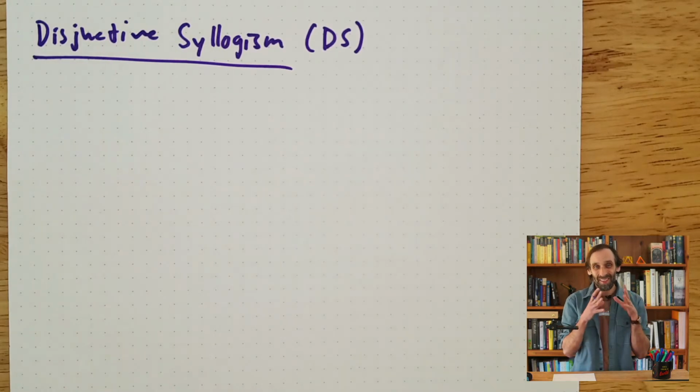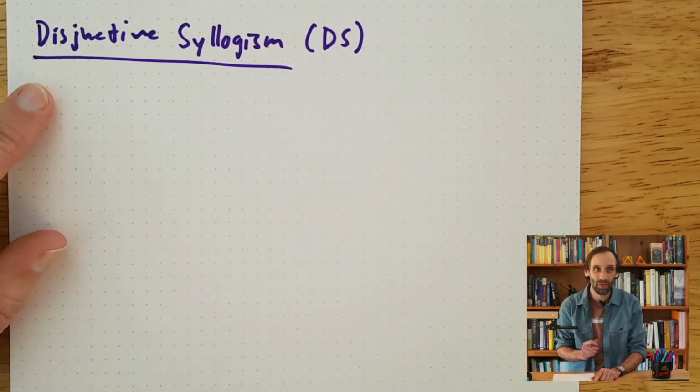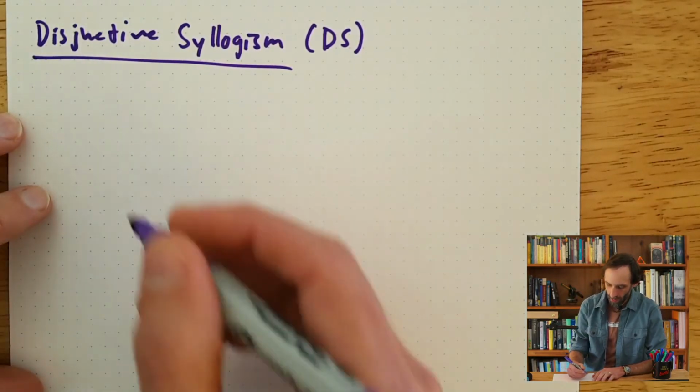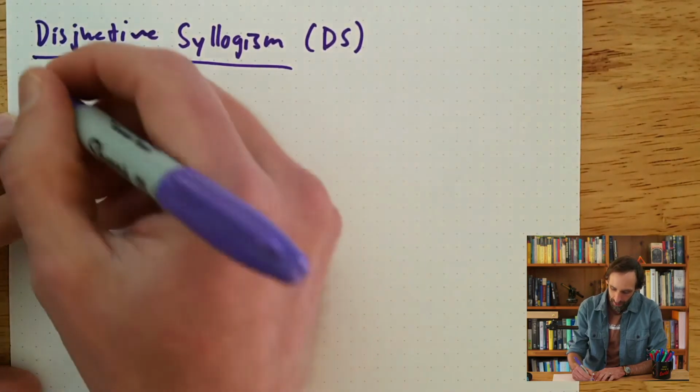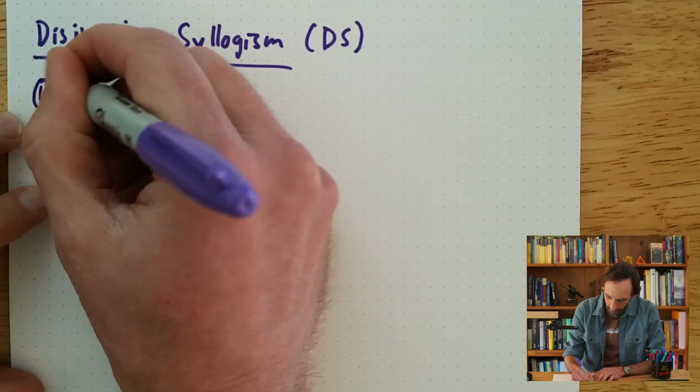Okay, so the next argument structure I'd like to talk about is called the disjunctive syllogism. What does that look like? Well, let's imagine a situation where I said, I can go to work. So I'll write it this way.